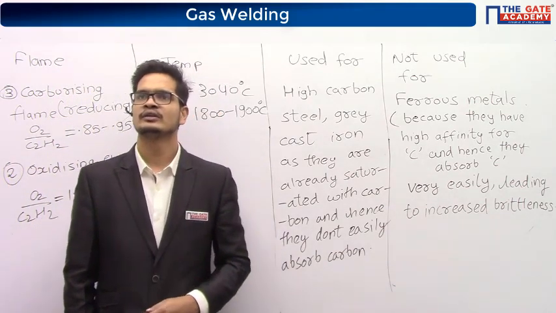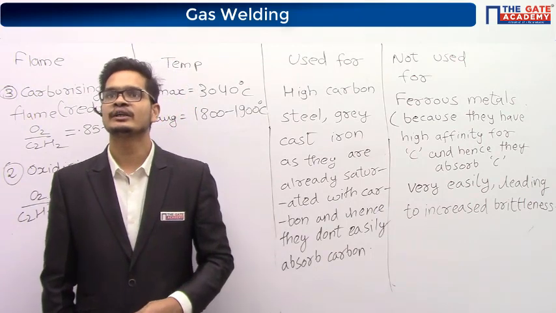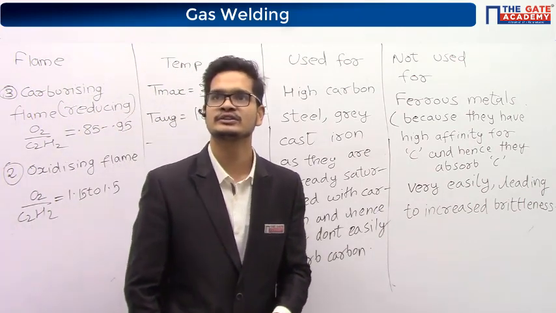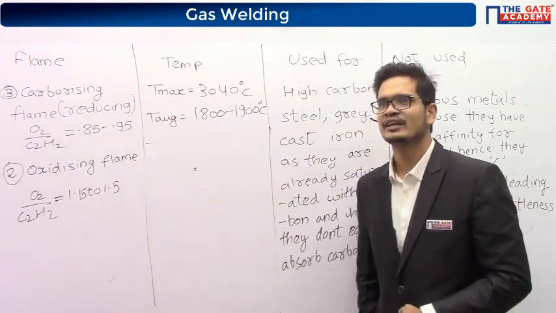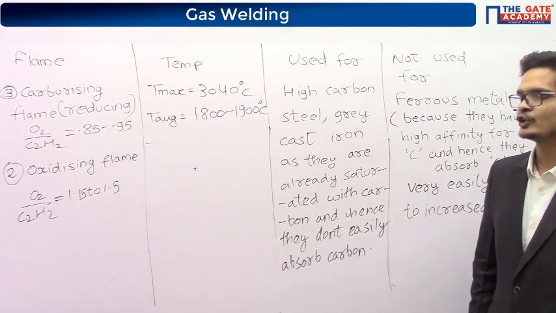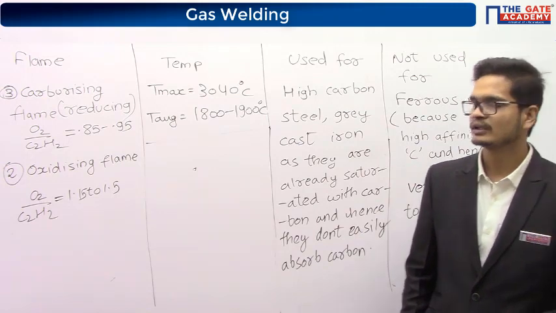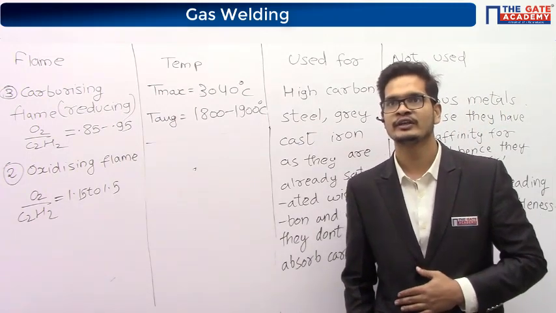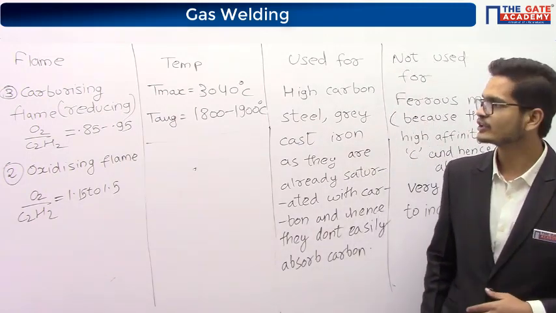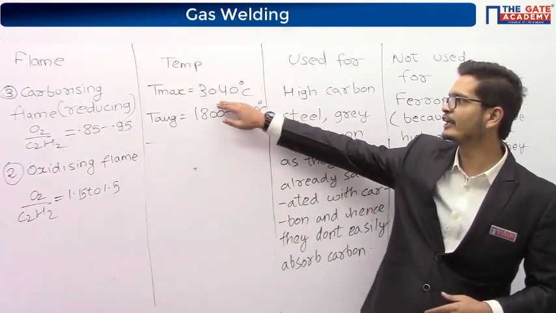So that is different. Can zinc be welded? This was asked by Hirimat. No, we cannot weld zinc by this. Like brass, we cannot weld brass with this. The reason is, again, high temperatures.